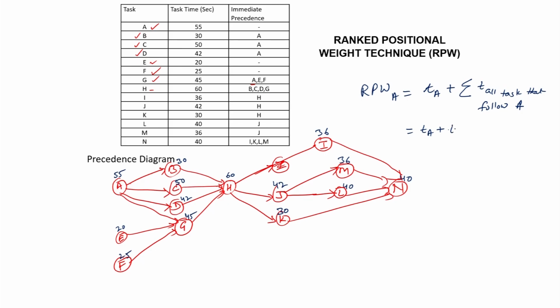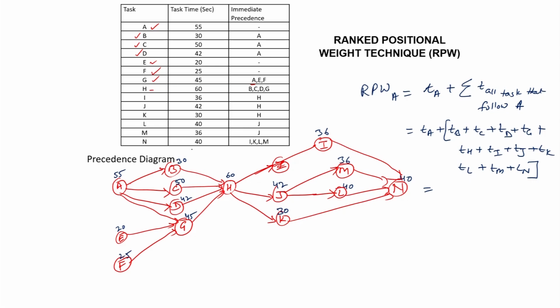So, it will be T B plus T C plus T D plus T G plus T H plus T I plus T J plus T K plus T L plus T M plus T N. So, these are the total RPW of A, which we can calculate by summing 55 plus 30 plus 50 plus 42 plus 45 plus 60 and so on.